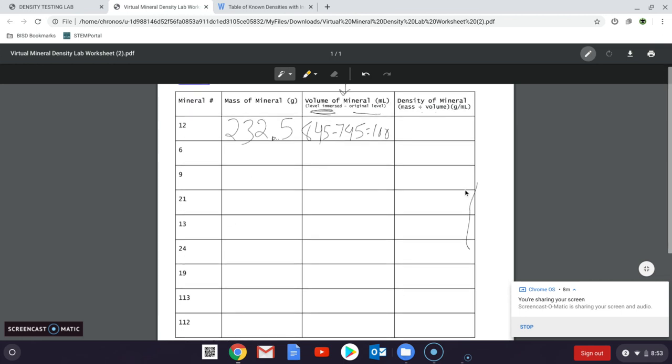Once you have all of those done, once you find the mass and once you find the volume, then go ahead and calculate the density. If we were going to do it all and we have this one done, we know that this one is going to be 232.5 divided by 100.